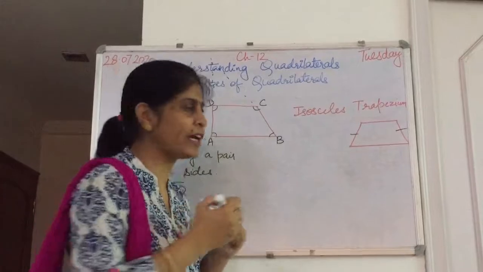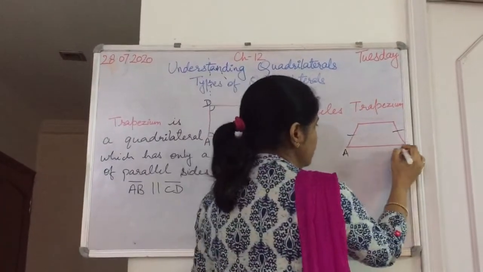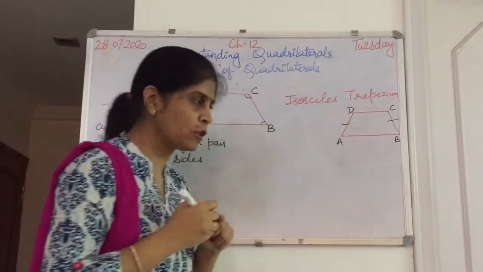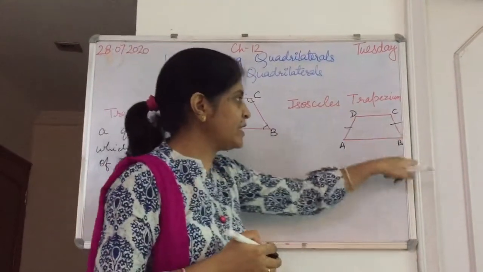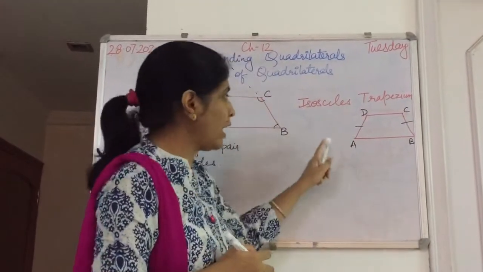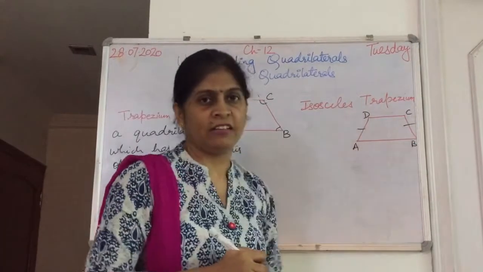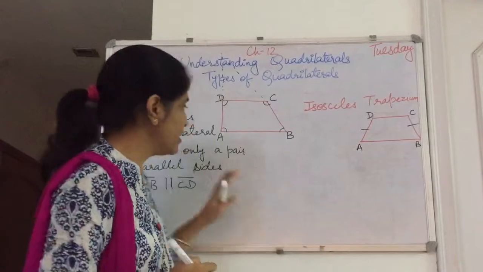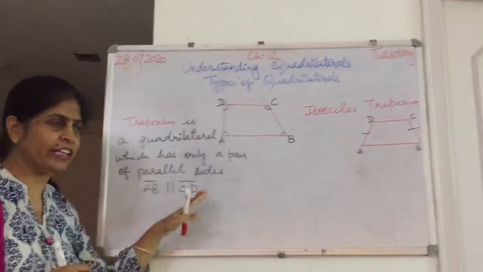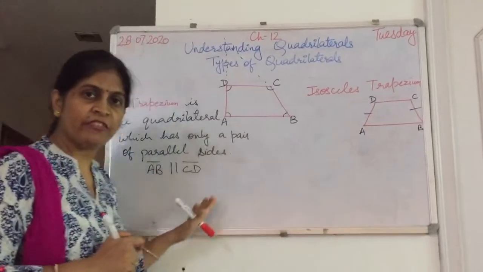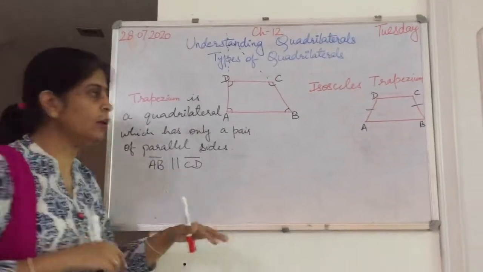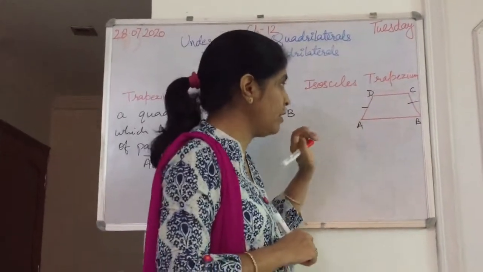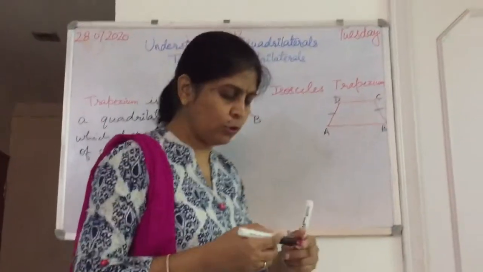These two sides are equal, and AB is parallel to DC in this case also. Again, AD and BC are not parallel, and AD and BC, which are non-parallel, are equal sides. The general definition says only one pair is parallel, whereas in isosceles trapezium, one pair is parallel and the other pair is equal.